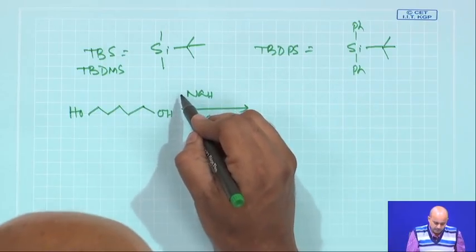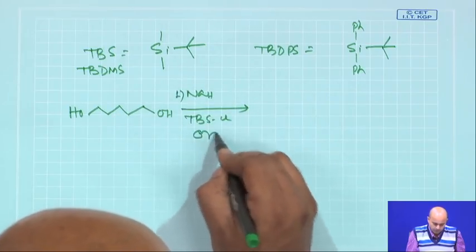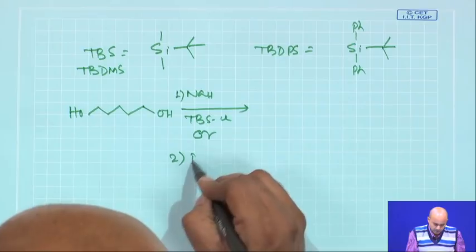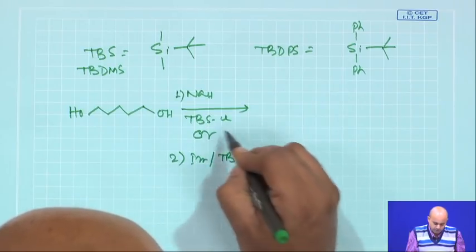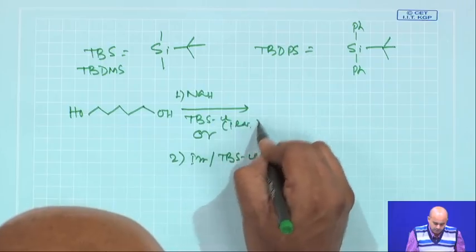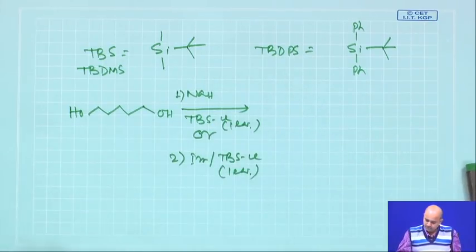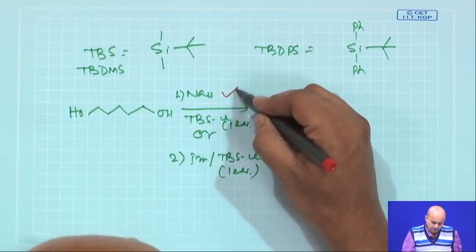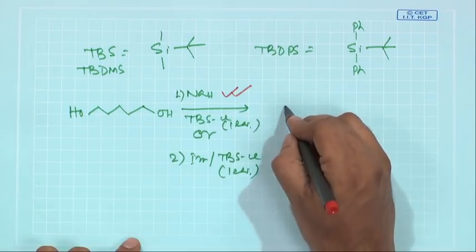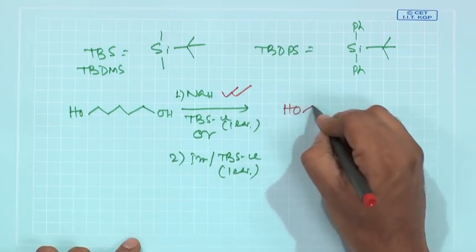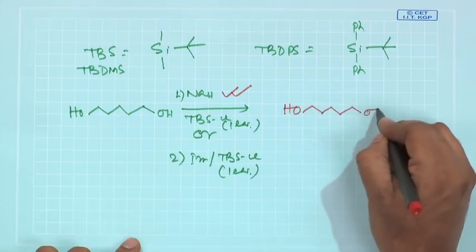So, you might have route 1, sodium hydride TBS chloride, or imidazole TBS chloride. In both cases you need one equivalent of TBS chloride, and usually the yield for this reaction or the optimization is pretty good. So, you basically get this mono TBS compound.